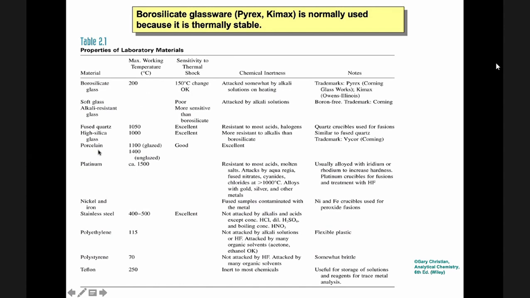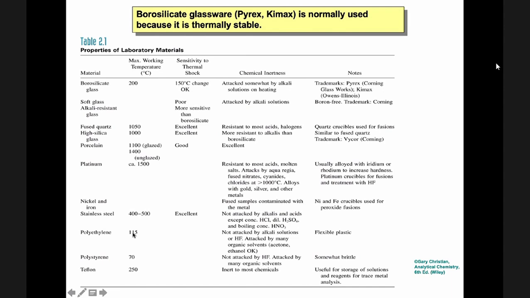Maximum working temperature for porcelains is 1,100 degrees Celsius to 1,400, which means na pwede siya for ignition, no? So you will be using furnace, di ba? Very hot temperature furnace. Next, sensitivity to thermal shock, good. And chemical inertness, excellent. Now for, what else? Ang common lang.